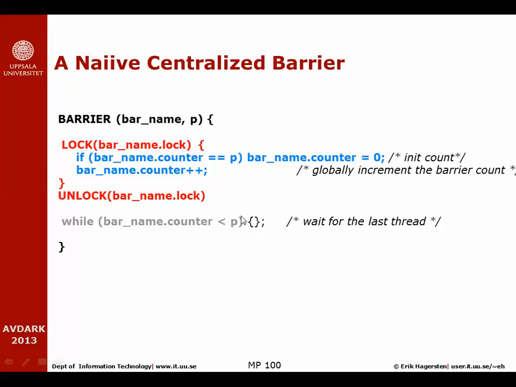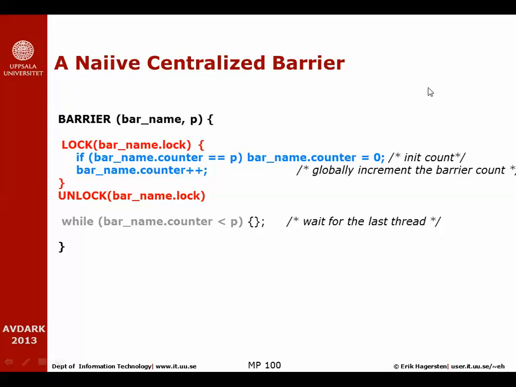So everybody should be very happy. However, there could be some thread that is not paying attention. Maybe one processor is handling an interrupt, or has got a hiccup for some reason. There is no rule that says that your processor has to execute at full speed all the time. So there could be some reason for a thread to not see the fact that the counter reached the value P. So it's sort of behind, and it wakes up after some other thread has managed to get around the loop and get to the barrier again and has changed the value of the barrier.